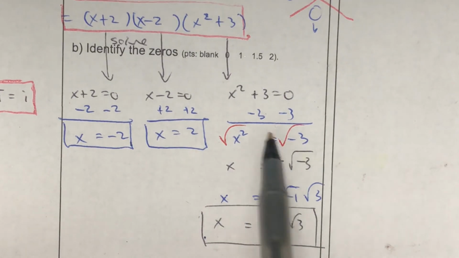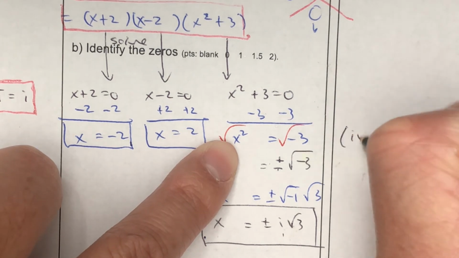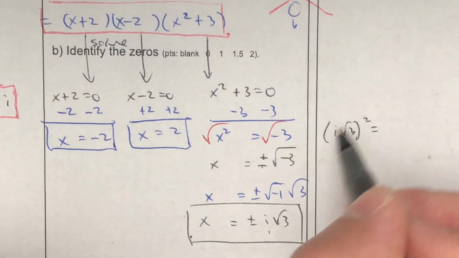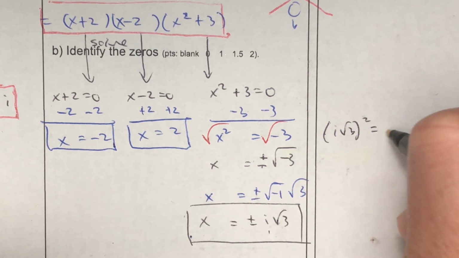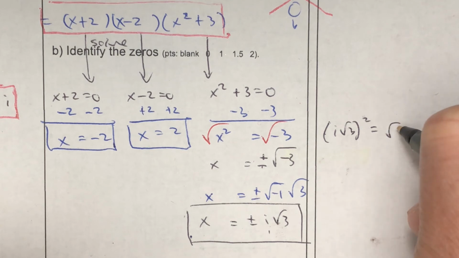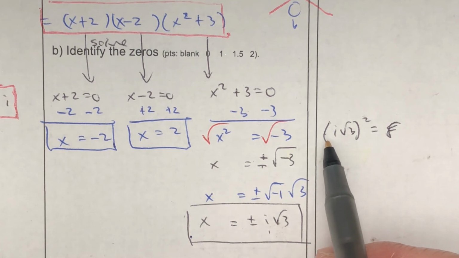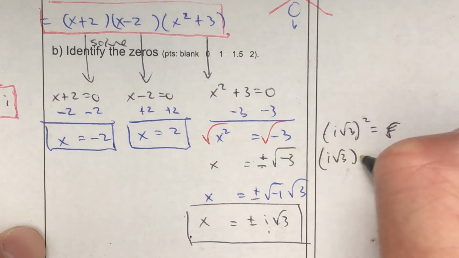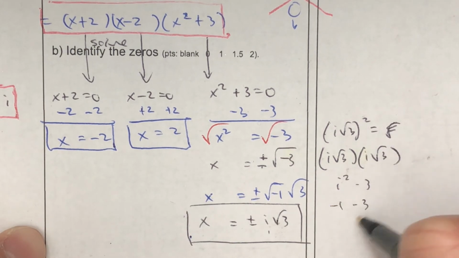Again, the reason you have to write that plus or minus is because if you take one of these, something like i radical 3 squared, that would just be i radical 3 times i radical 3, which is i squared times 3, which is -1 times 3, which is -3.